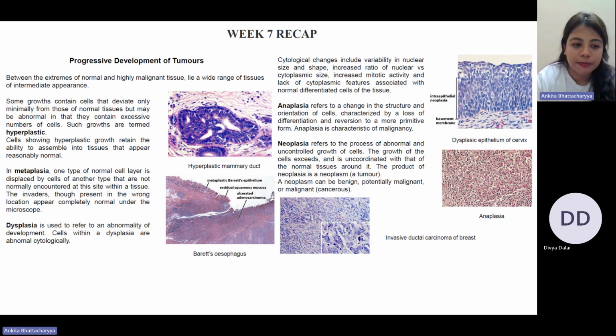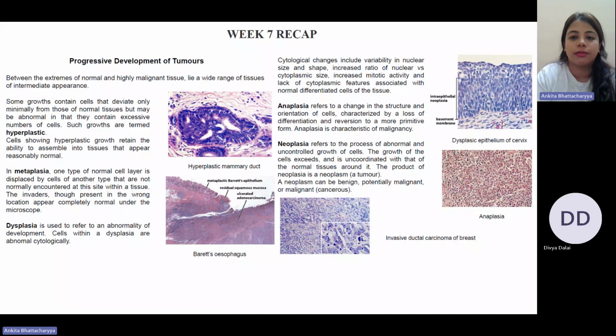So cells within a dysplasia are cytologically abnormal, and you can see that under the microscope as well. When we say it is cytologically different, it means there is a change in the type of cells, the nuclear size, the nuclear shape, the nucleus versus cytoplasmic ratio, more mitosis, etc.